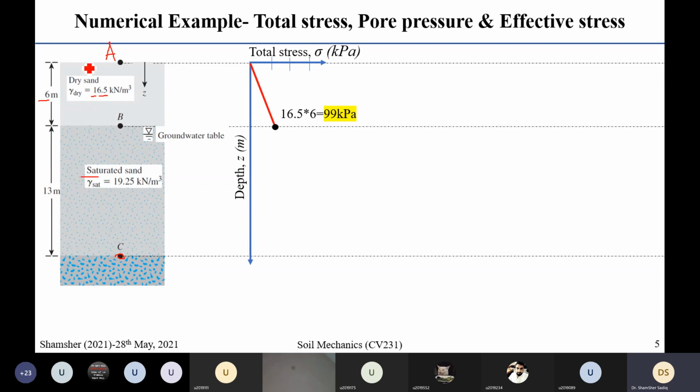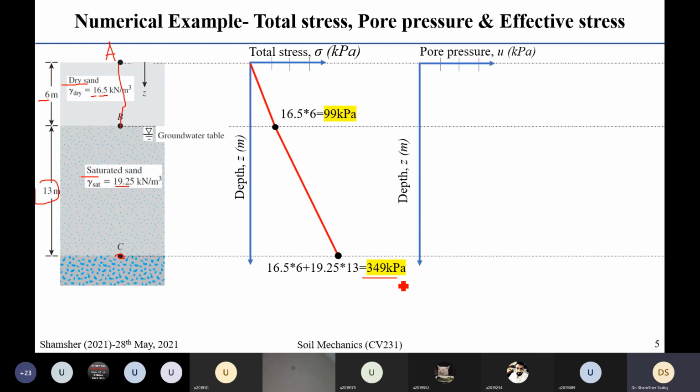So you have dry sand from A to B, plus the saturated sand B to C, which is 13 multiplied by 19.25. So the total stress at point C will be 16.5 multiplied by 6 plus 19.25 multiplied by 13. This is the total stress.